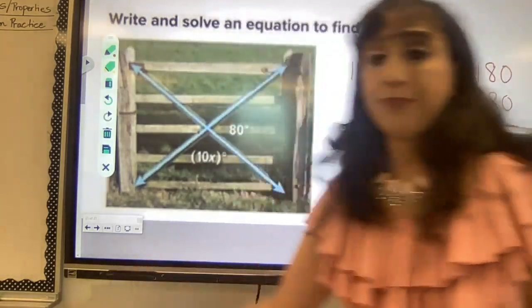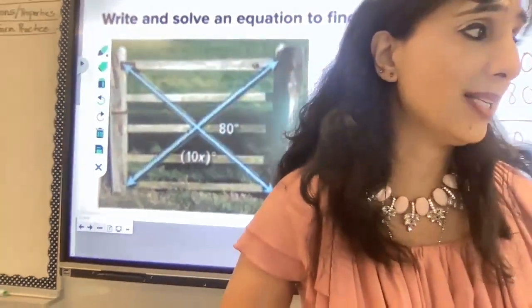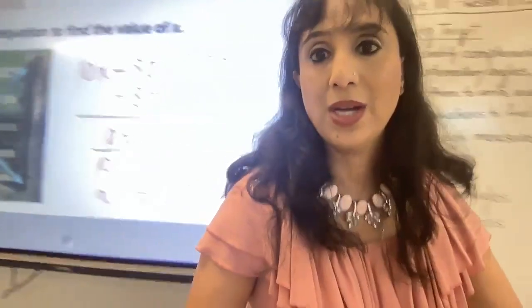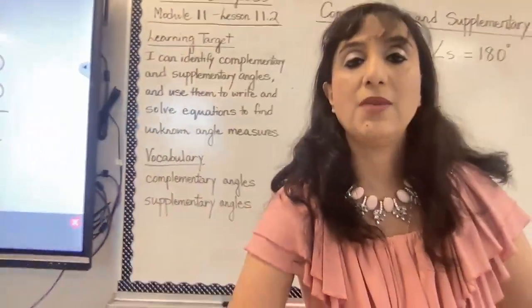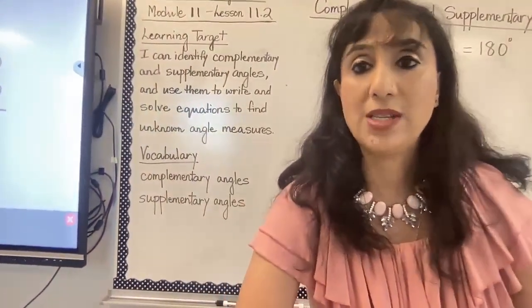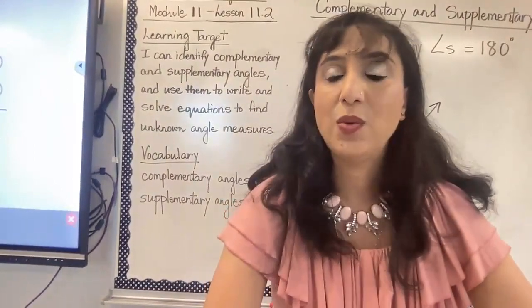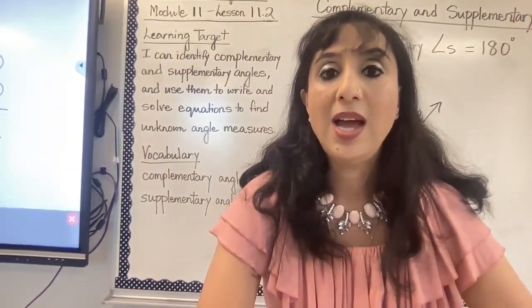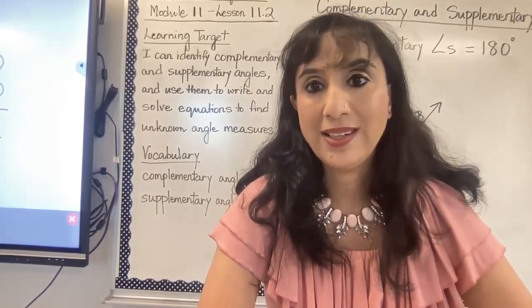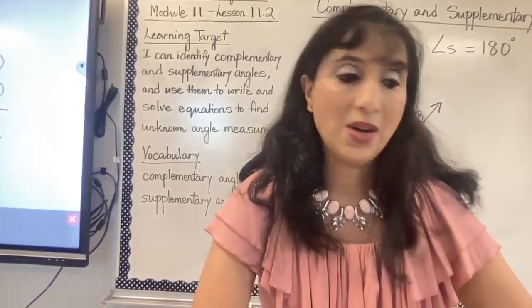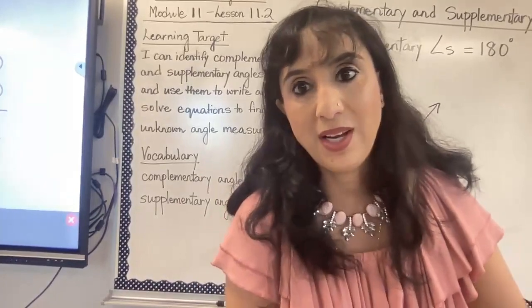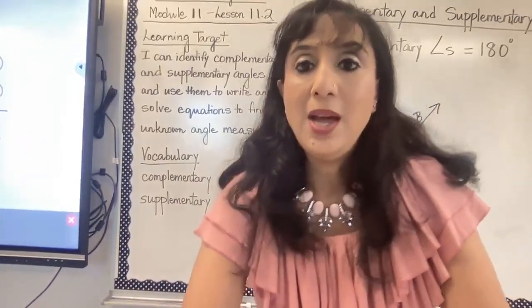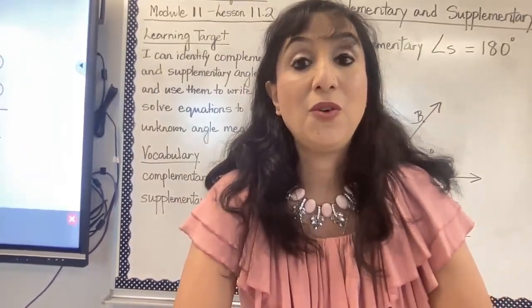So basically that's what lesson 11.2 is about: identifying complementary and supplementary angles, as well as our ability to write them as an equation and to find the unknown angle measures. Okay, so just remember once again really quick, let's recap that complementary comes before supplementary.